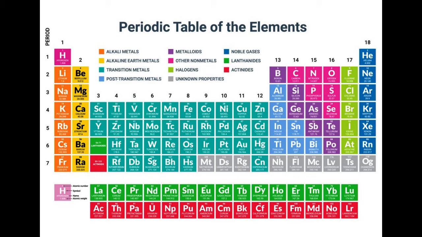These are the vertical columns that show how many outer electrons each atom has and are numbered from 1 to 7, with a final group called group 0, instead of group 8. E.g. group 4 elements have atoms with 4 electrons in the outermost shell, group 6 elements have atoms with 6 electrons in the outermost shell, and so on.